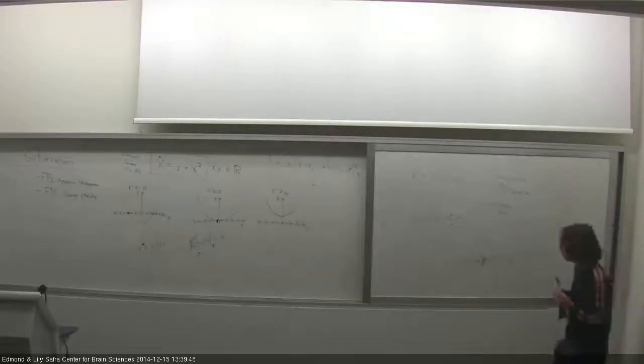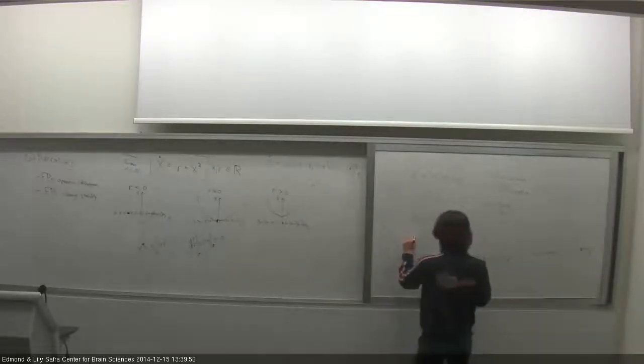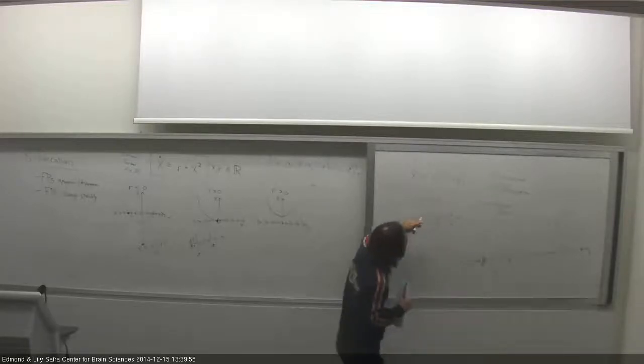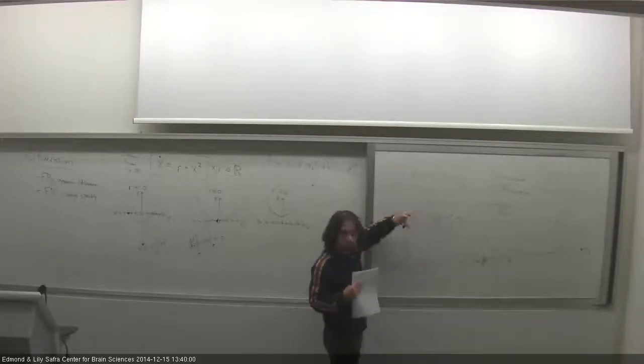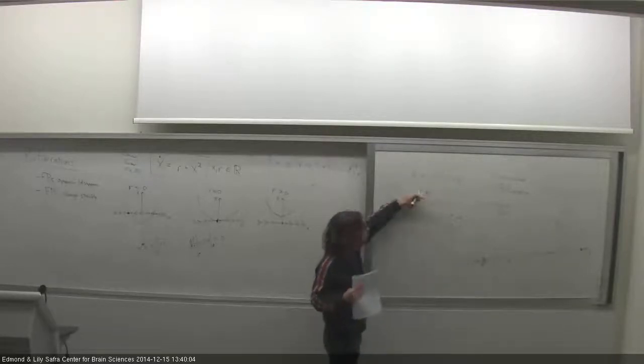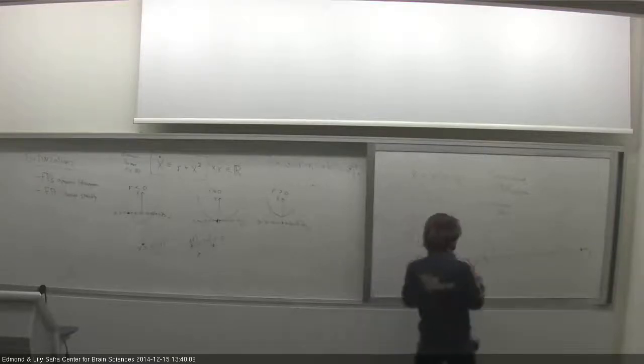Okay. When r is negative, I'll use the same method as before. When r is negative, near the origin, Rx wins. It's the dominant term, but r is negative, so this is a negative linear function.